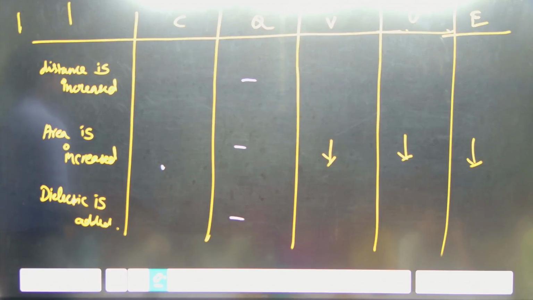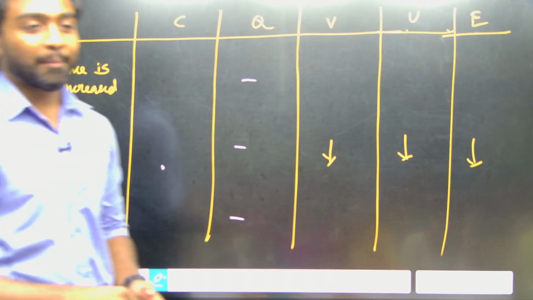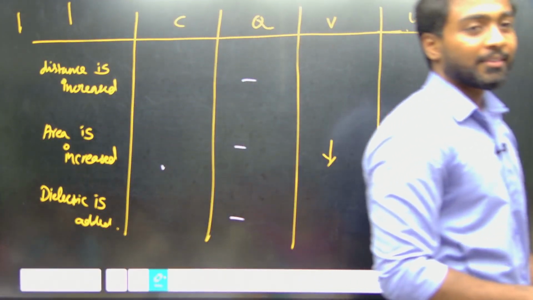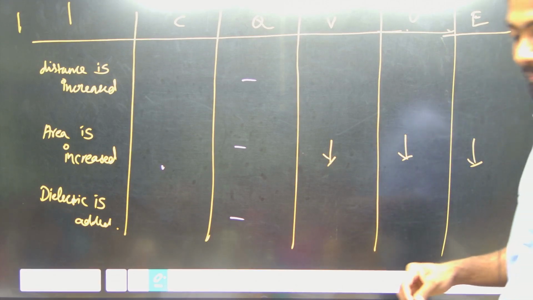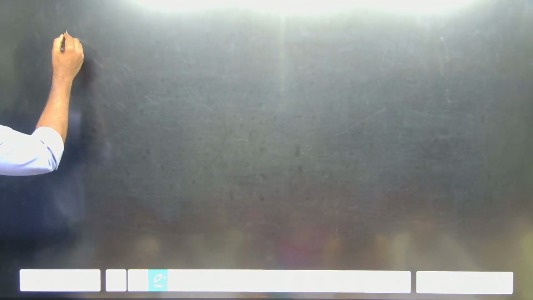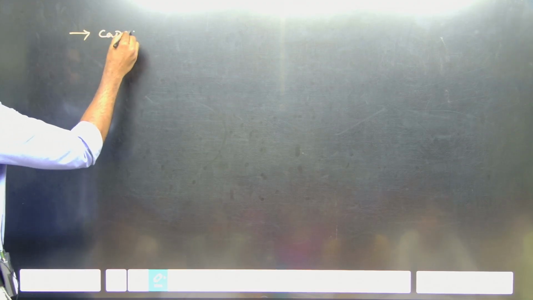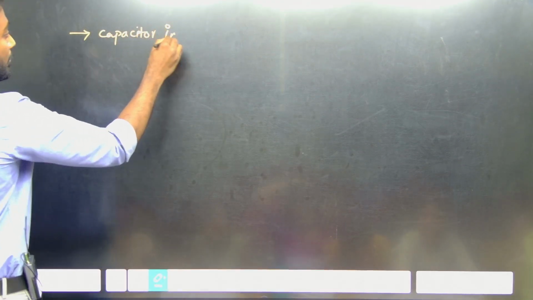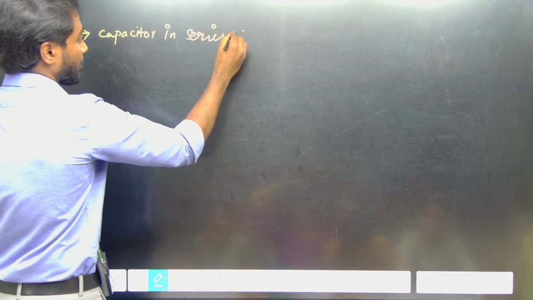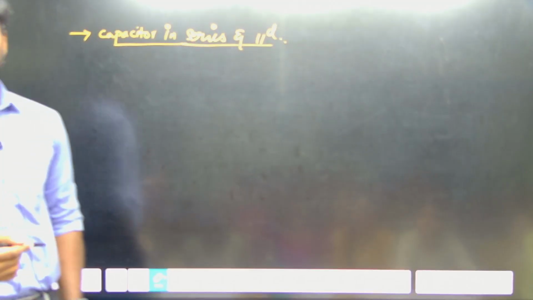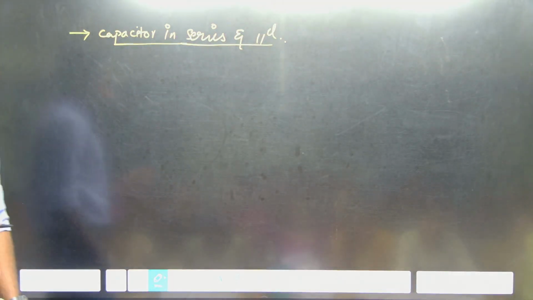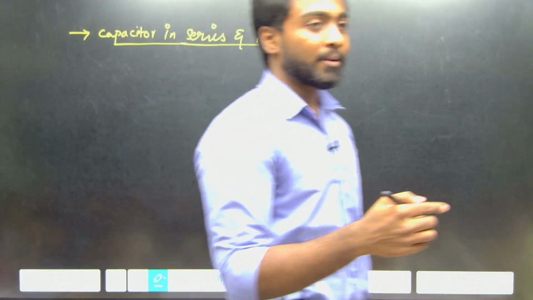Okay, write down the next topic, capacitors in series and parallel combination. It is quite opposite of the resistance formula. For resistance, series will be R1 plus R2 up to Rn.